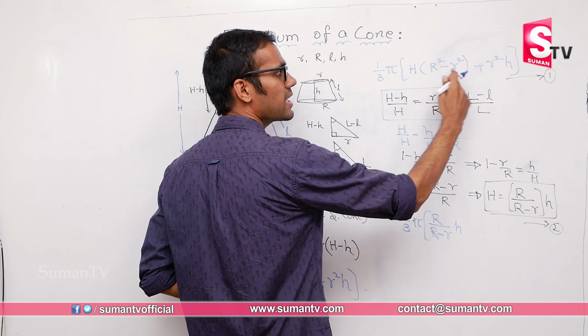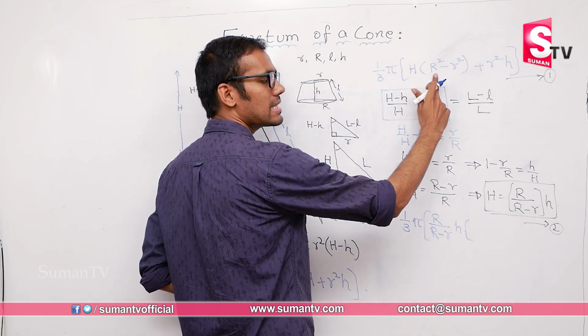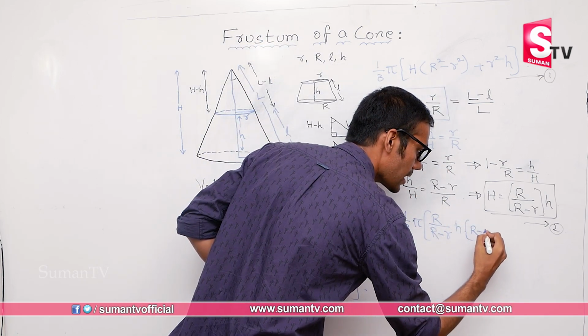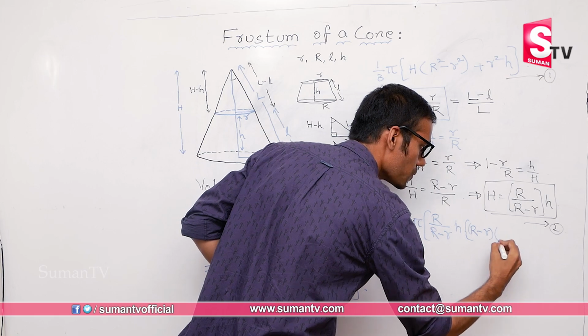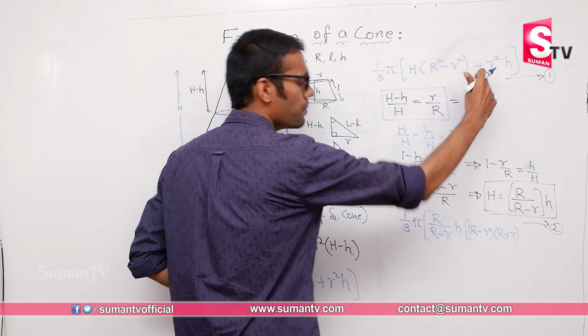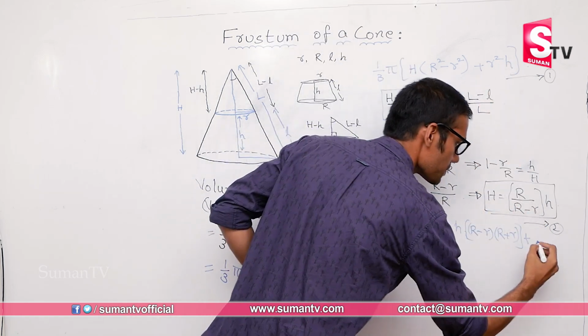And I already have capital R square minus small r square, which is in the form of a square minus b square. So I'll write it as capital R minus small r into capital R plus small r, and I already have plus small r square h.